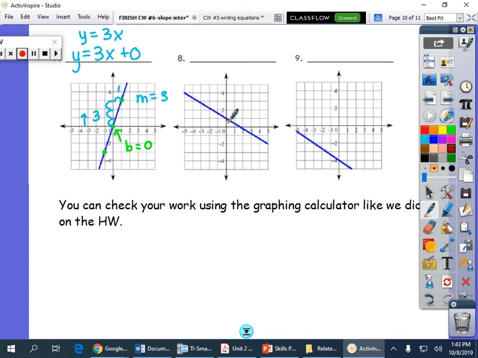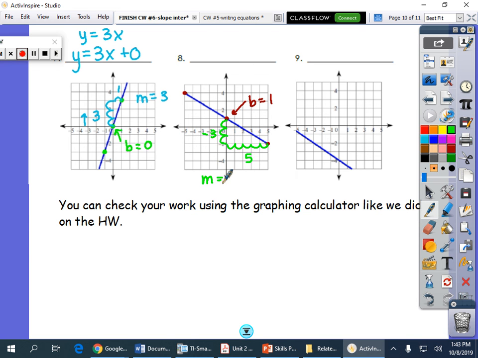Number 8, I have my y-intercept here, so b is 1. My slope looks like this is a nice point, looks like this is a nice point. So my slope, I'm going to go down 1, 2, 3, so negative 3, and I'm running 1, 2, 3, 4, 5.